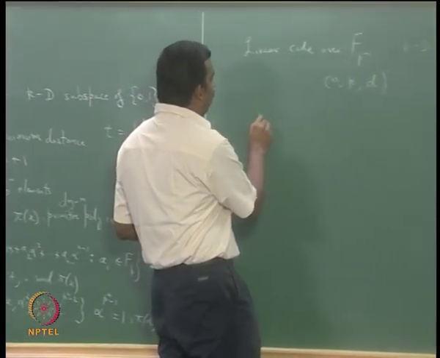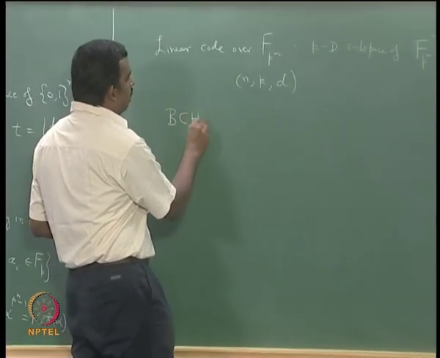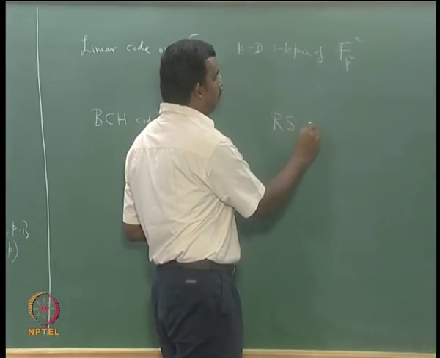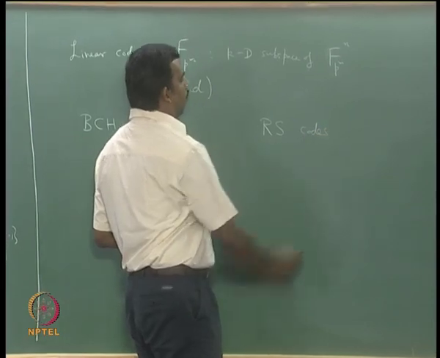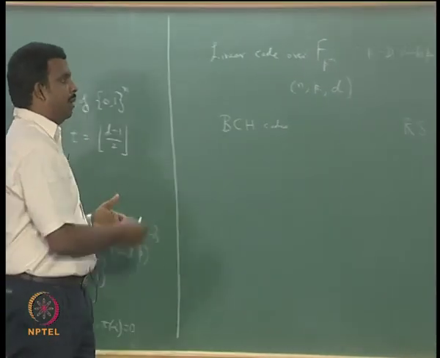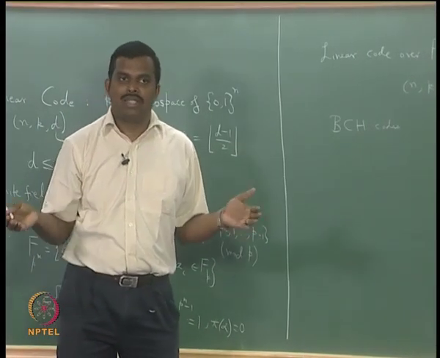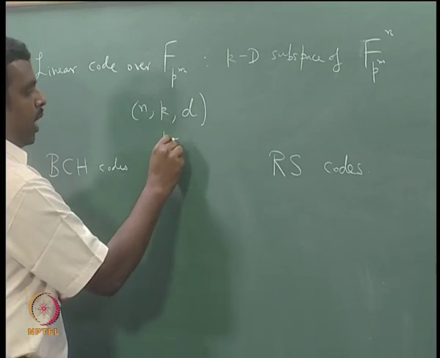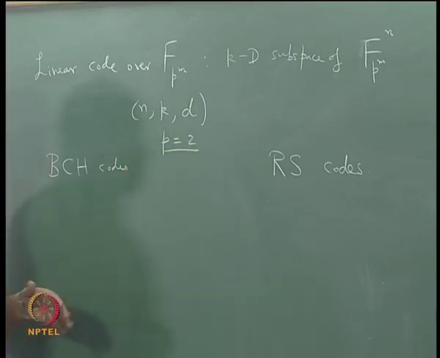So we define these BCH codes and Reed-Solomon codes, which had pretty much the same parity check matrix with elements from F_{2^m}. Usually we stick to p equals 2, that's the common alphabet here.